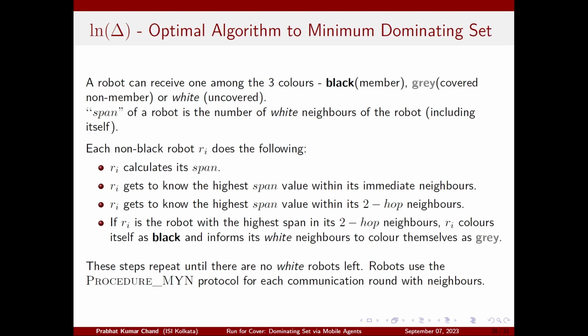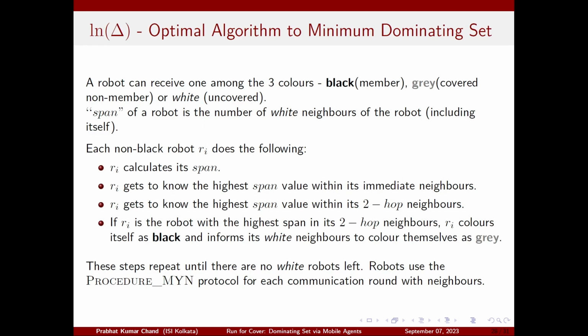First it calculates its span, then it gets to know the highest span value among its immediate neighbors, then Ri gets to know the highest span among its two hop neighborhood, and if Ri has the highest span among its two hop neighbors, then it colors itself black and moves to inform its white neighbors to color themselves gray.